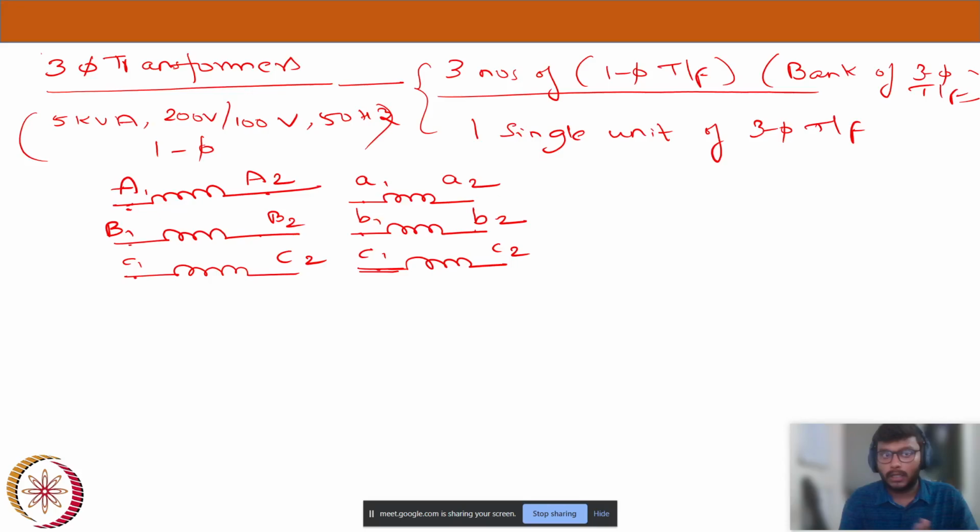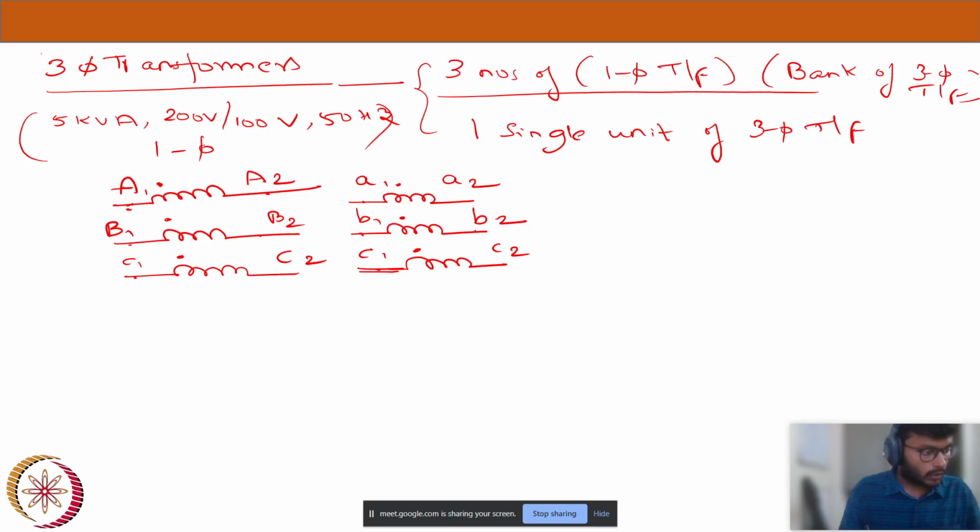Let me just mark my polarities here. Polarity marking is very essential.